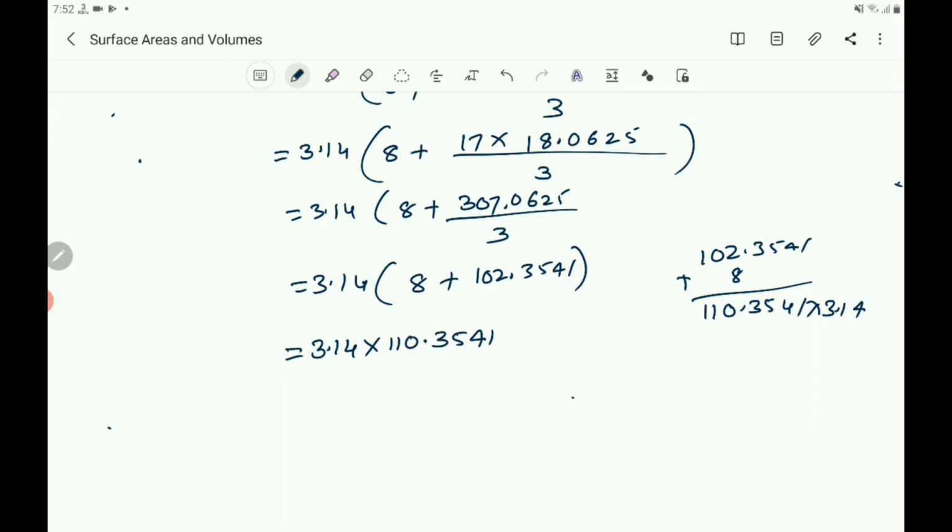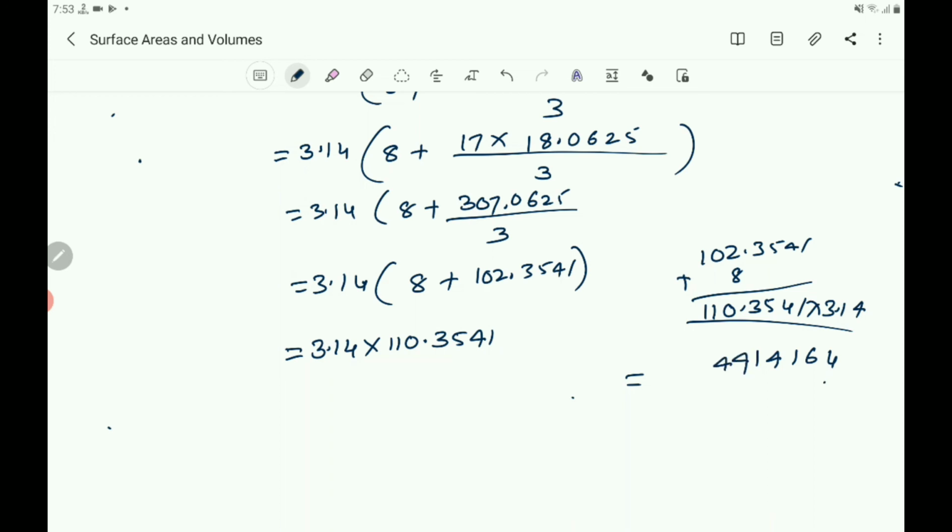First you multiply it by 4. 4 ones are 4, 4 4s are 16, 4 5s are 20 plus 1 21, 4 3s are 12 plus 2 14, and so on.